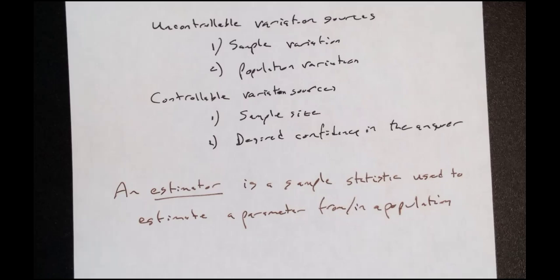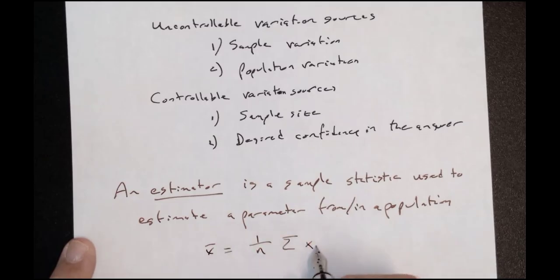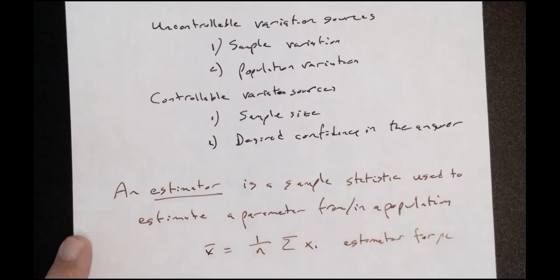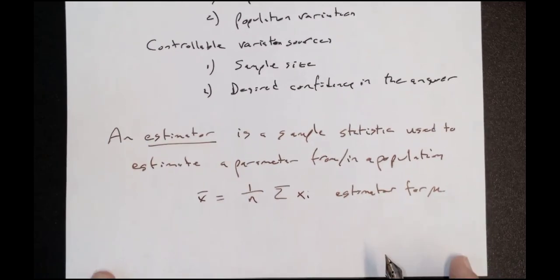We were talking about means, right? Average is a mean. The mean from a population is a parameter. That's why I got a Greek letter. But the mean from my sample is trying to estimate that. So I think about X bar as an estimator for mu.